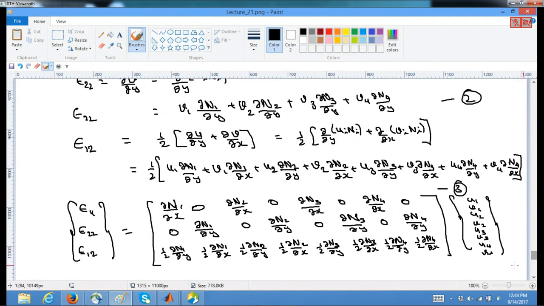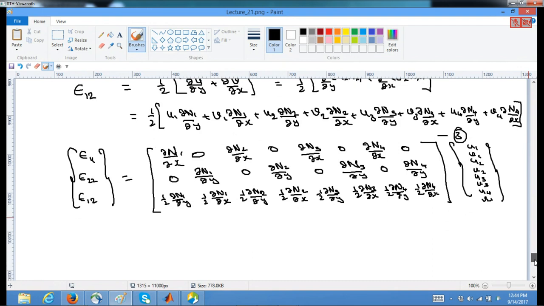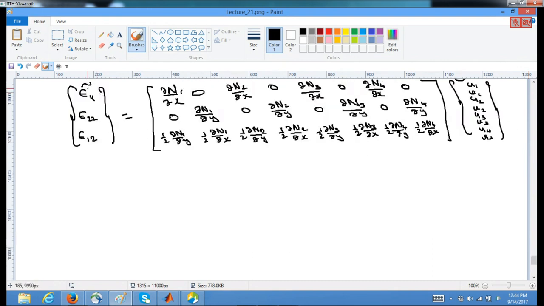So what we have done, these are not exact things, these are approximations. So I can call my epsilon tilde equal to some matrix called capital B times your U matrix, where U is the degrees of freedom.